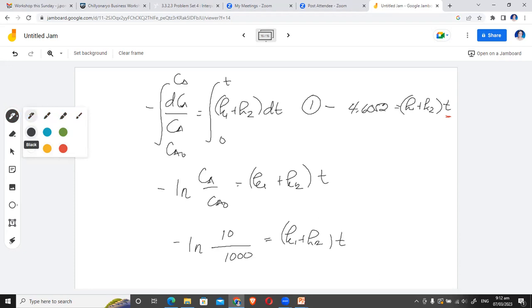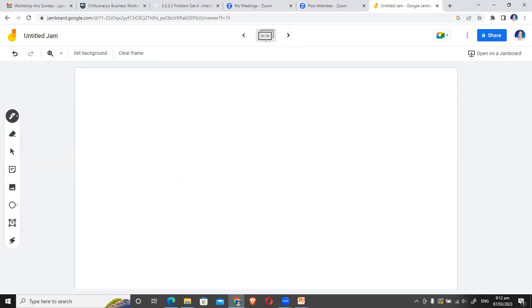So just like the suggestion of Bobby, you go to the next slide. Negative dCA dt is equal to K1 CA. This is for Galloping Dominoes, and it's like a first order reaction.